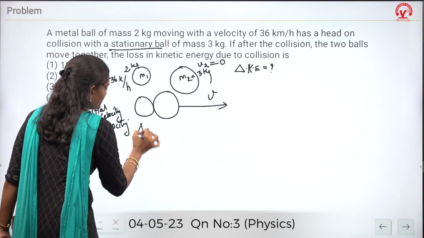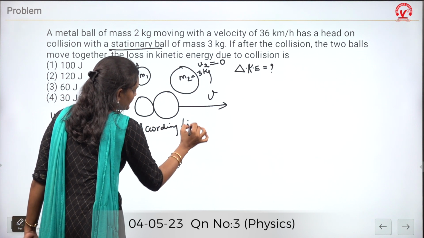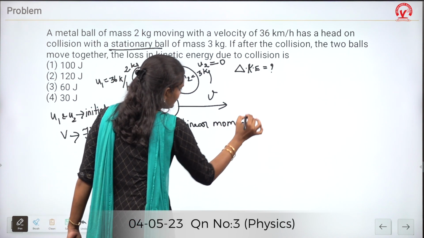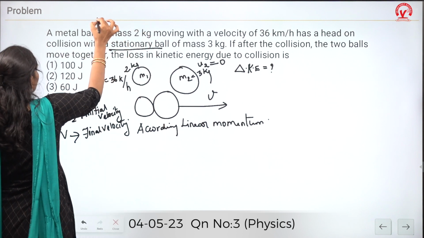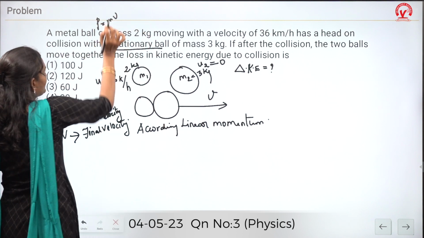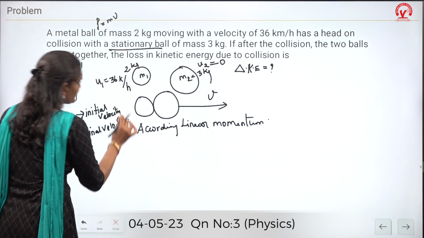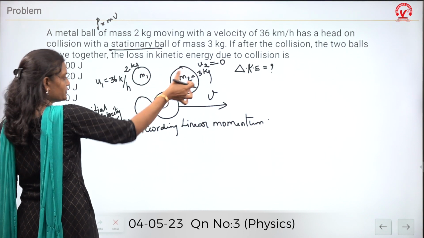According to the principle of linear momentum, we know that momentum P is equal to M into V. So we can write, here we have the initial velocities U1 as well as U2.